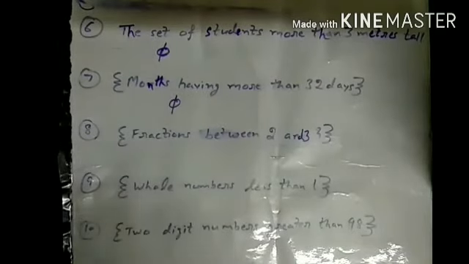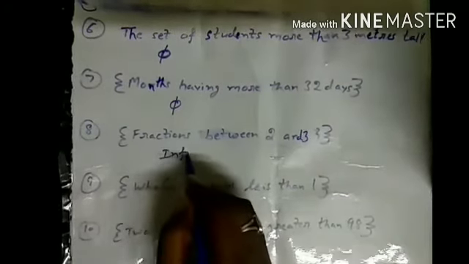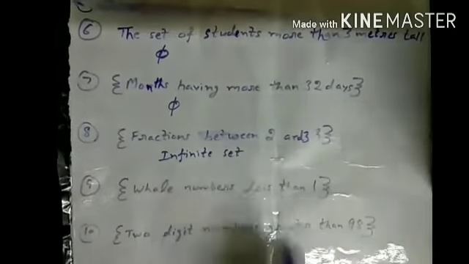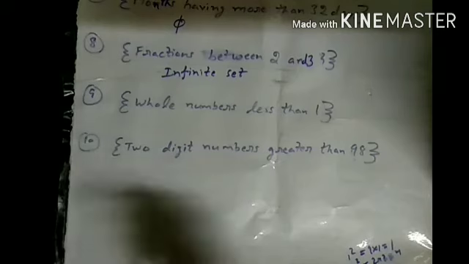Now fractions between 2 and 3. Between 2 and 3 we can write so many fractions. Clear? Therefore this is an infinite set. Whole number less than 1. Now whole numbers start from 0, and less than 1, that is only 0.